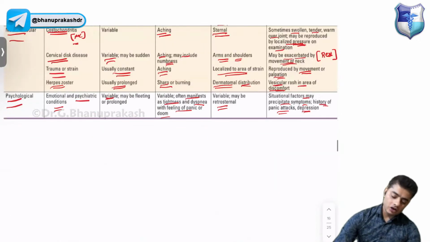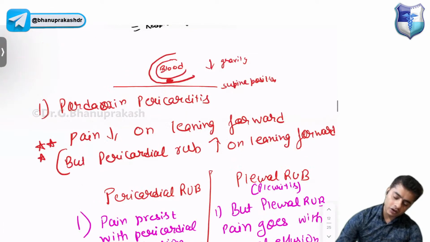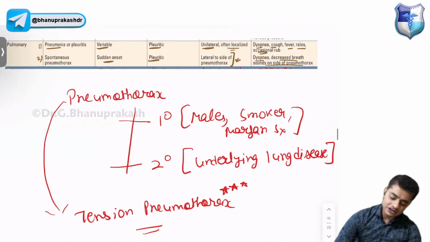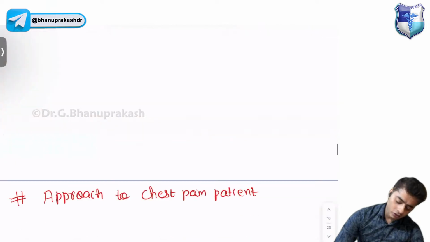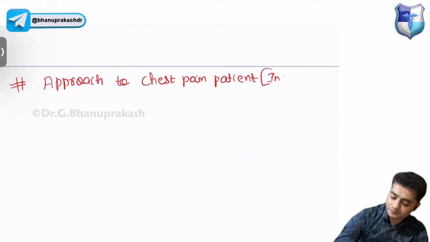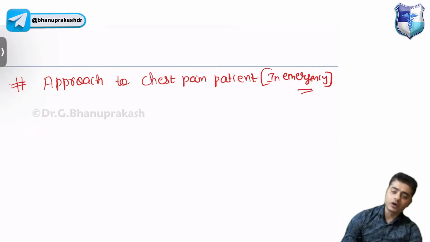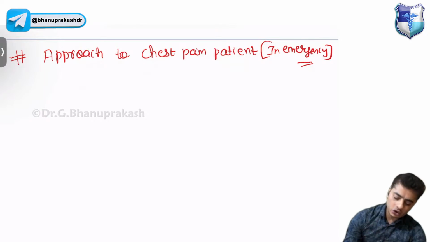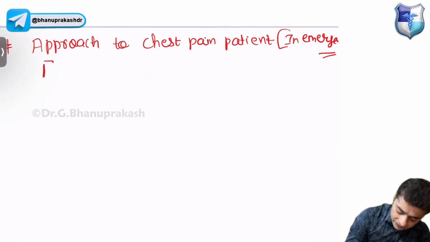Now, after seeing all the causes, cardiopulmonary and non-cardiopulmonary, the most important cause in cardiopulmonary is MI, and in non-cardiopulmonary is your GI. Now we will see how to approach the chest pain patient in emergency. Whenever you're approaching any patient with any kind of symptoms, three things should always come to your mind. First is history taking.